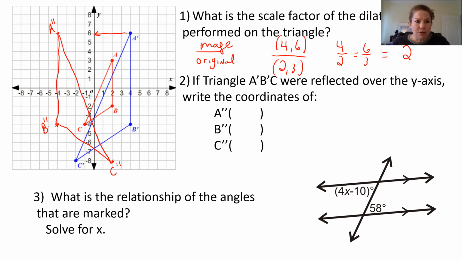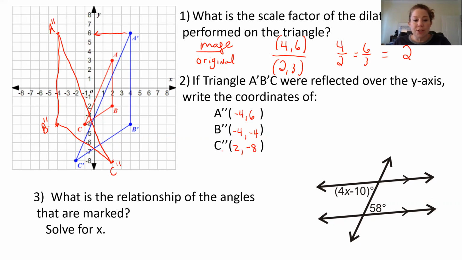So what are the coordinates of A double prime? That would be -4, 6. B double prime would be -4, -4. And C double prime would be 2, -8. So the y-coordinate did not change, but the x-coordinate became the opposite sign.